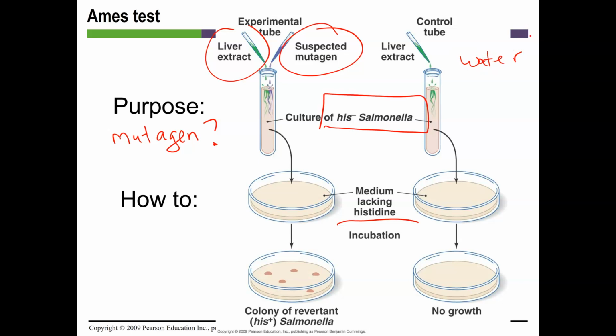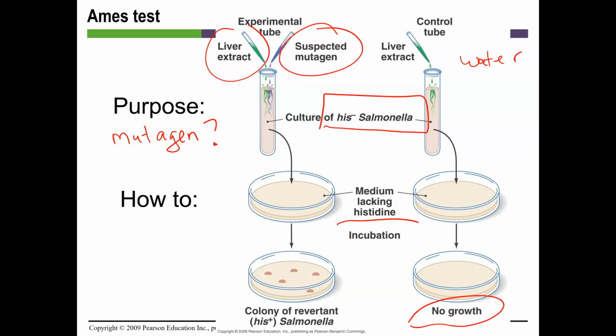You mix the test chemical, the liver enzymes, and the Salmonella mutant together, and then you plate them on the medium lacking histidine. The negative control should show no growth. Remember, the Salmonella can't make its own histidine, so without this amino acid, it can't make protein, and it's not going to grow.